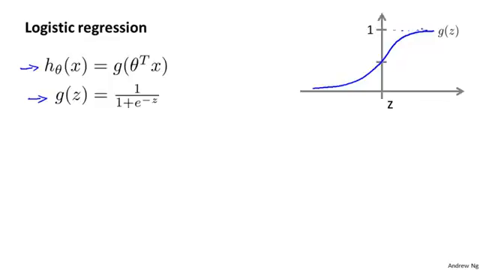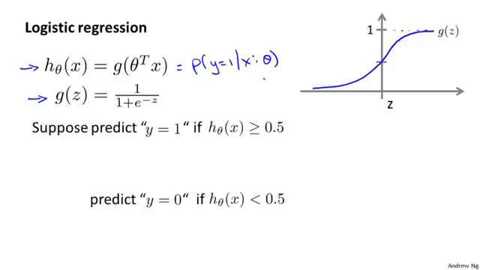Concretely, this hypothesis is outputting estimates of the probability that y is equal to 1, given x and parameterized by theta. So if we wanted to predict is y equal to 1 or is y equal to 0, here's something we might do. Whenever the hypothesis outputs that the probability of y being 1 is greater than or equal to 0.5, so this means that it is more likely to be y equals 1 than y equals 0, then let's predict y equals 1.